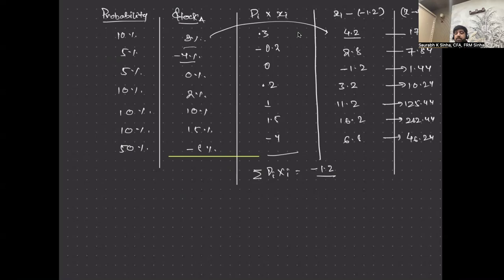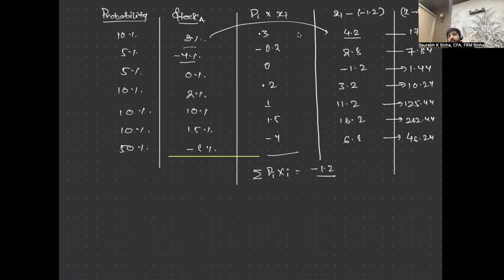Now you sum it up. So 46.24 plus 262.44 plus 125.44 plus 10.24 plus 1.44. Now this is wrong. Why is this wrong? Because you cannot sum it directly.